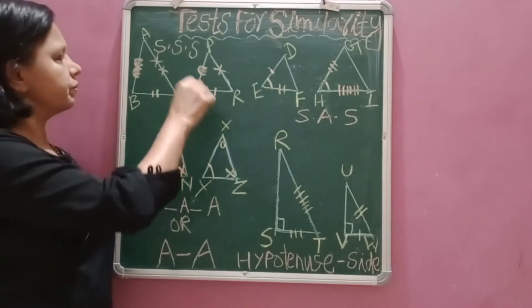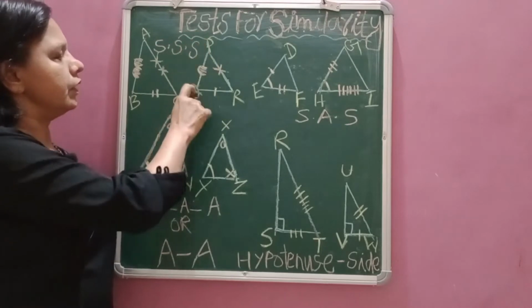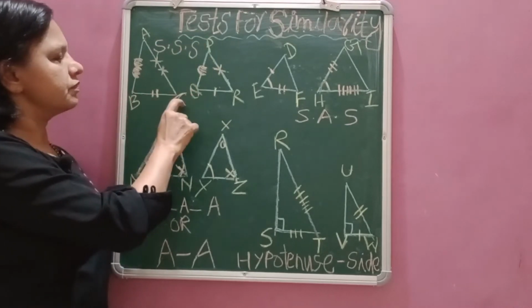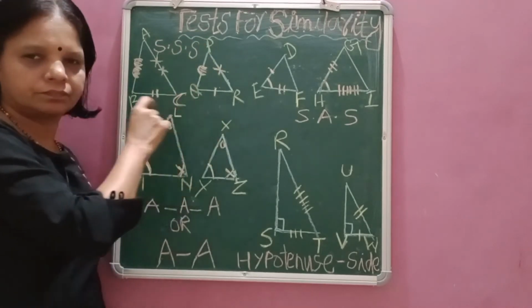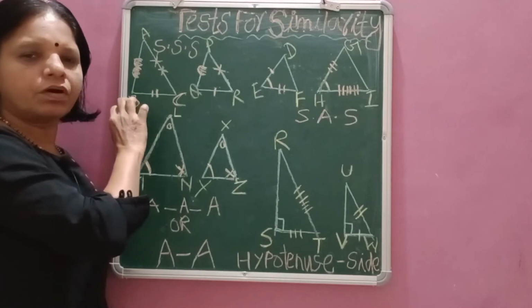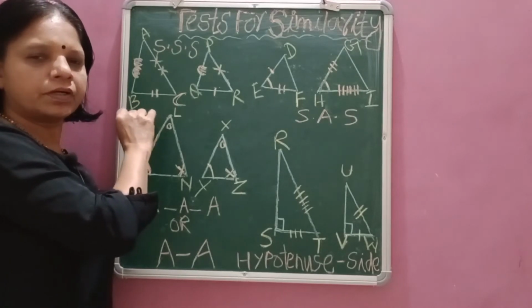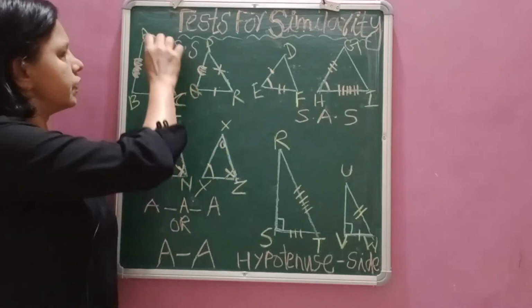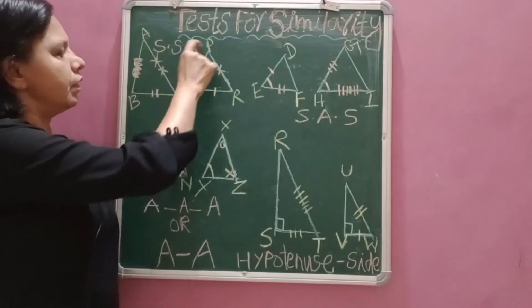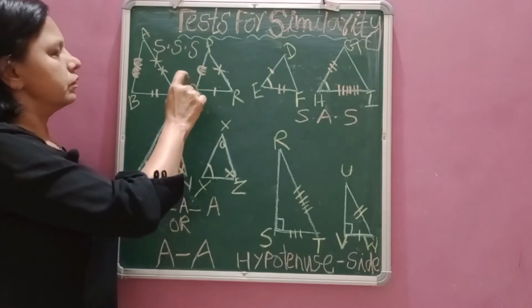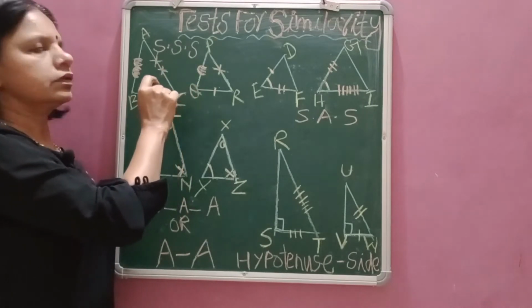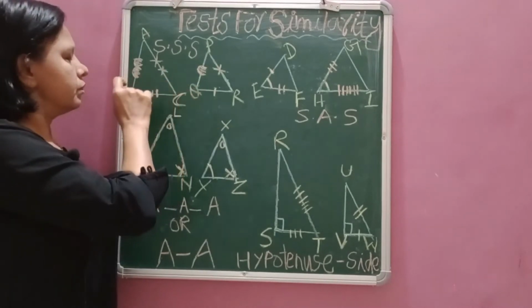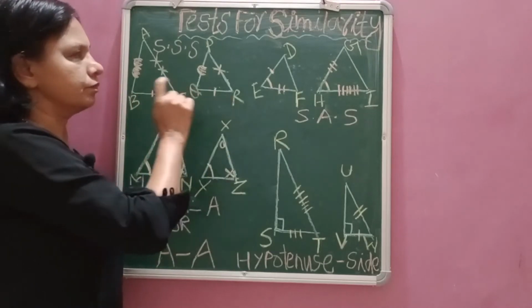What does it mean? AB upon PQ equals BC upon QR. 2 of the corresponding sides are proportional. What is the ratio? AB upon PQ is equal to BC upon QR.